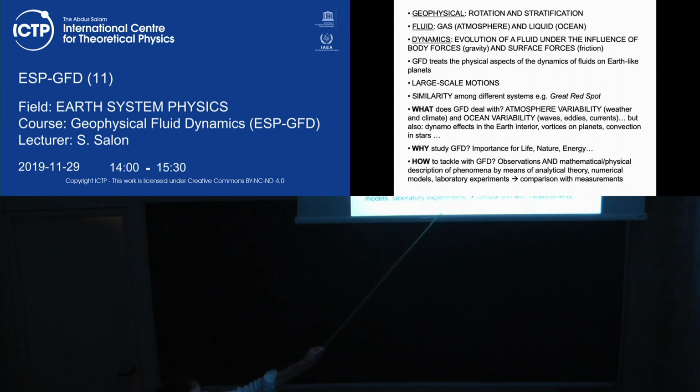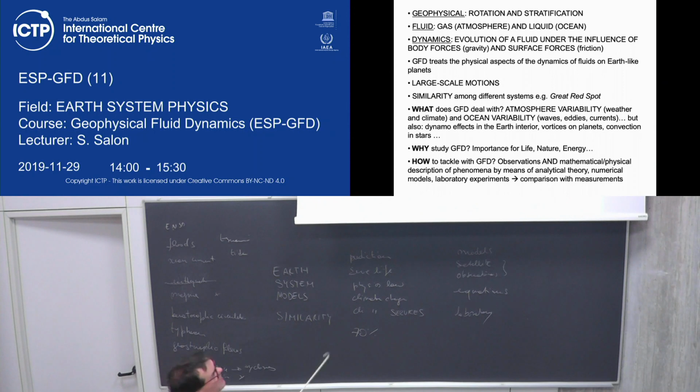How? Observation, and mathematical physical description of phenomena by means of analytical theory, numerical models, and laboratory experiment. It's important that analytical theory and numerical models, and most of all numerical models, must be compared with measurements. So if I have a numerical model and make a simulation, I want to have a result, and I want to compare my result from the model to the observation in order to have the safety.